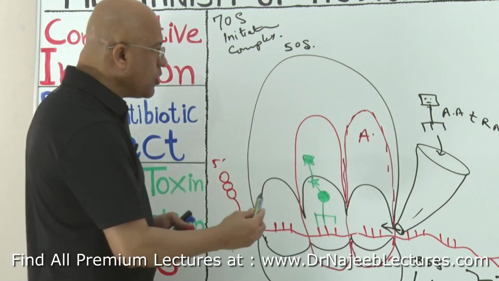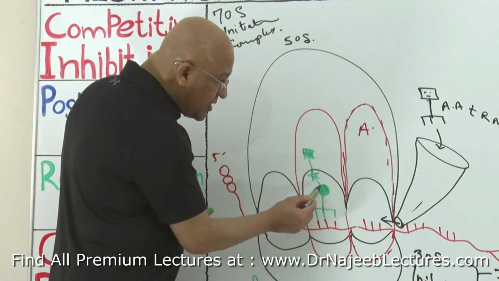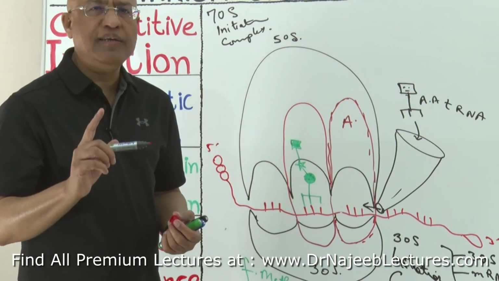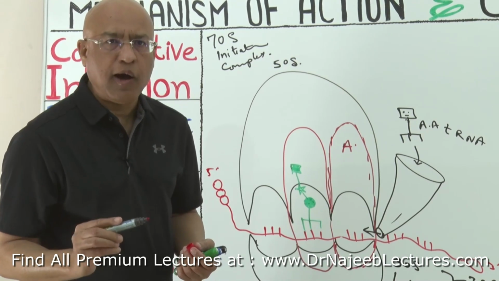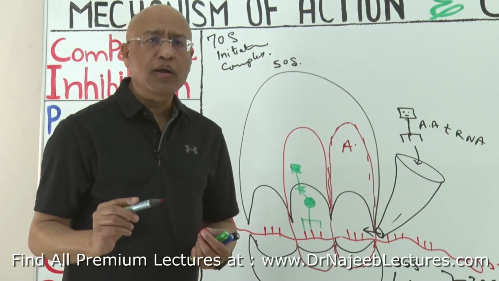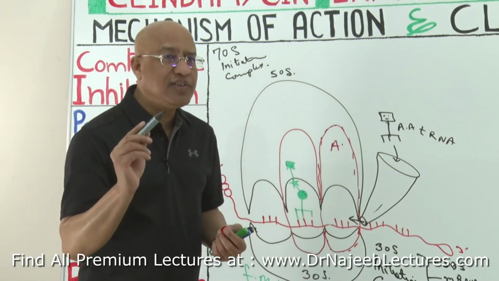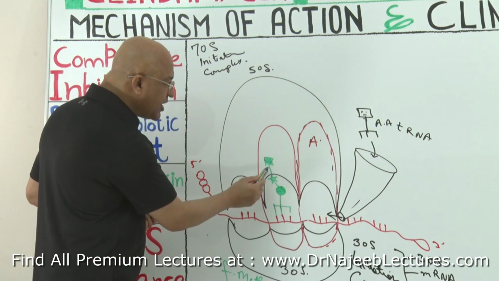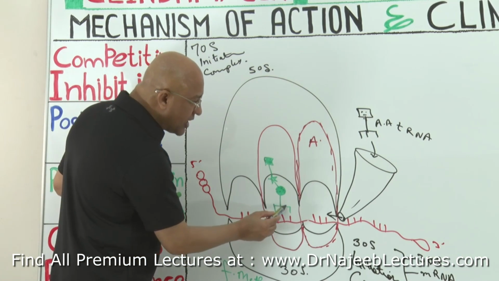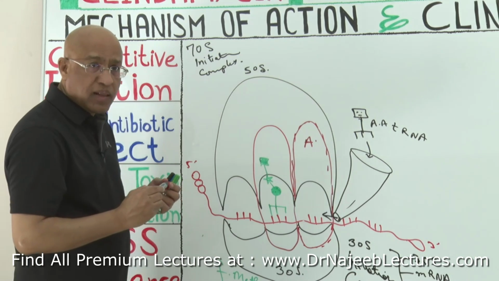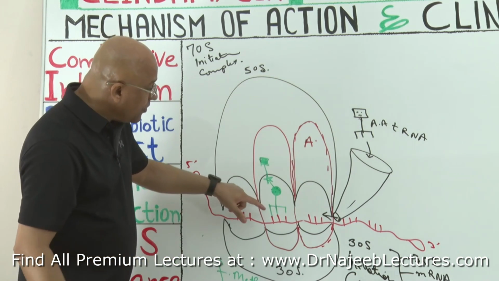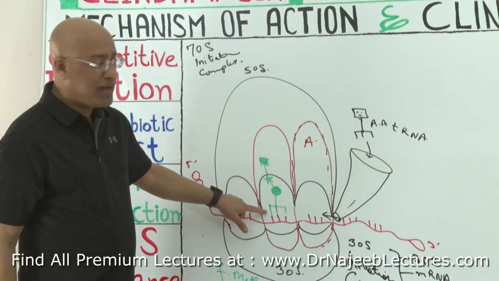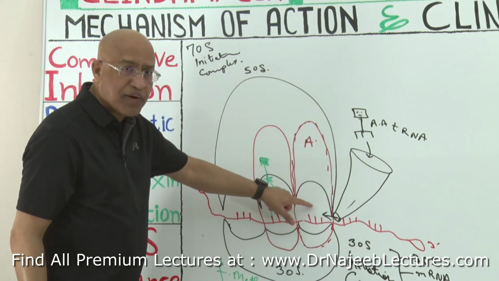This peptide chain is called the newly formed peptide chain or oligopeptide chain, or very commonly the nascent peptide chain. And this transfer RNA will now be called peptidyl transfer RNA.